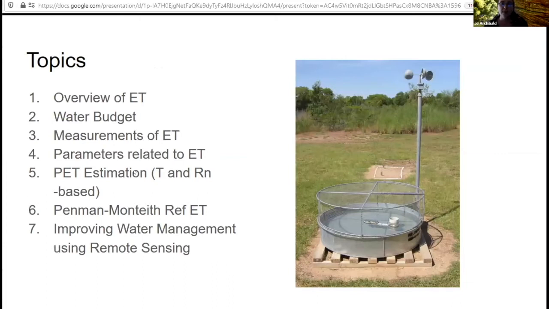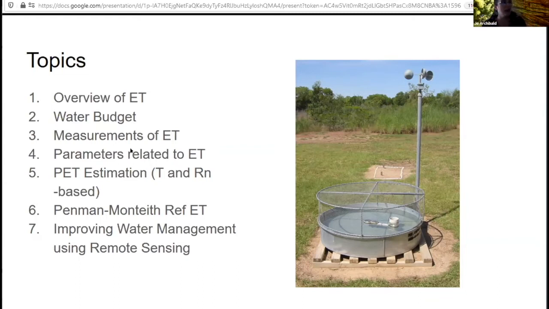So the topics that we wanted to cover are these 7 listed here. First, a general global overview of evapotranspiration, thinking about its context and its importance in the global water cycle. Then using the water budget method for estimating ET from a clearly defined system like a lake or a watershed, and we have a learning activity associated with that.